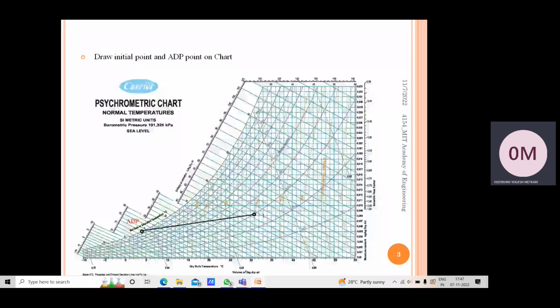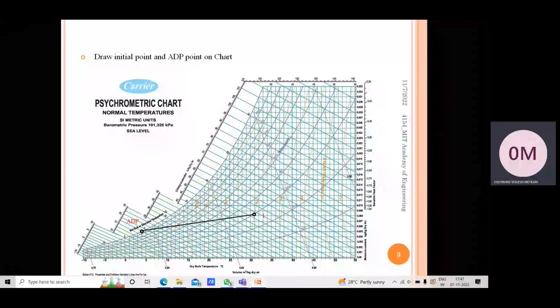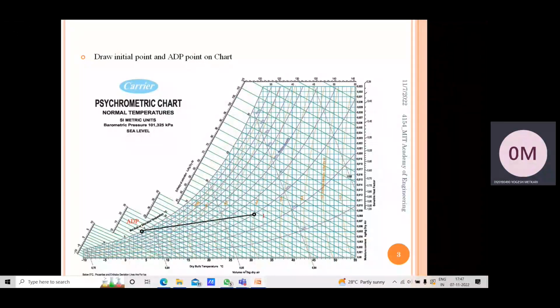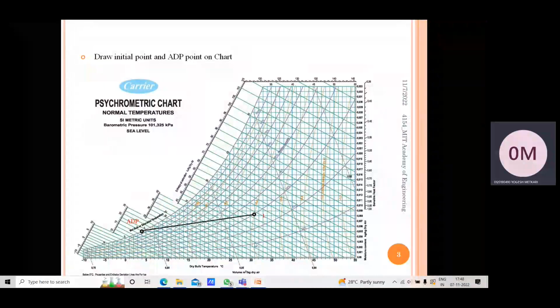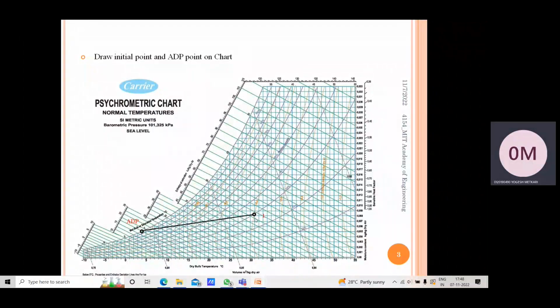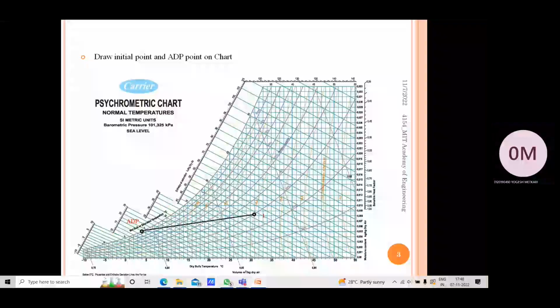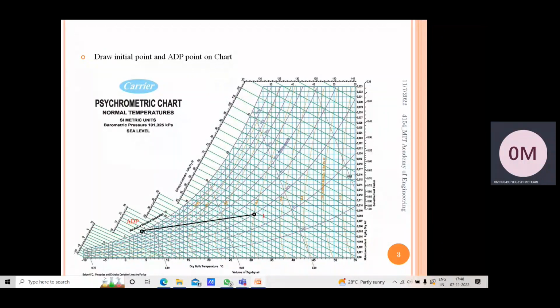We have drawn this point on the chart and connected it to the ADP of the coil, which is given as 4.5 degrees Celsius. ADP we can find on the saturation line here, and DBT is 31 degrees Celsius for point 1, and this cross line shows the WBT. We have connected to 18.5, so we get point number 1 and ADP of the coil at the saturation line.